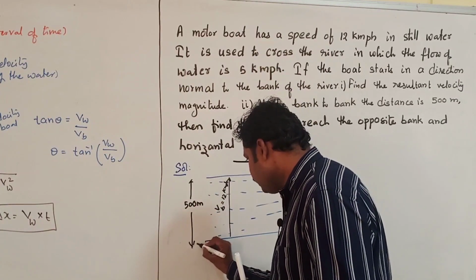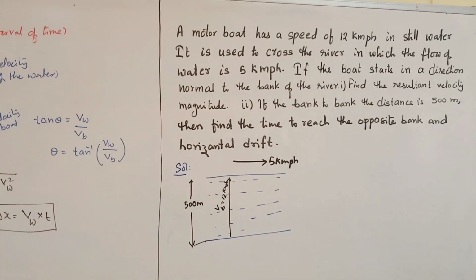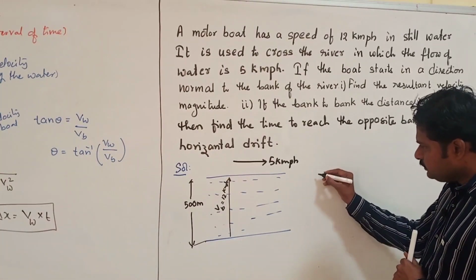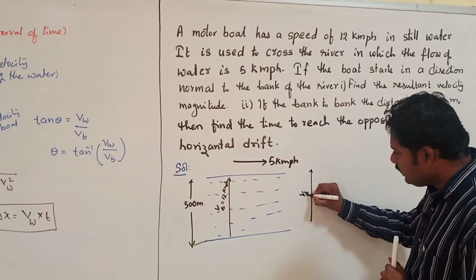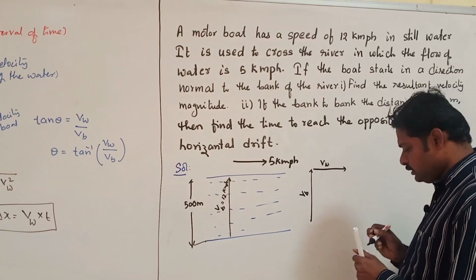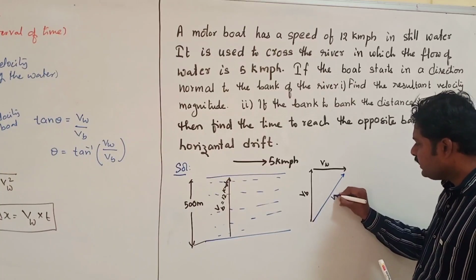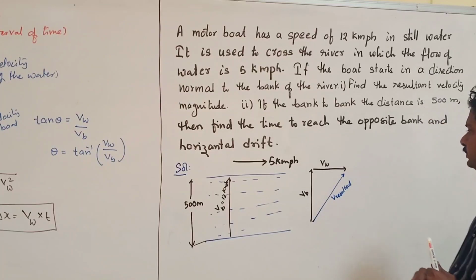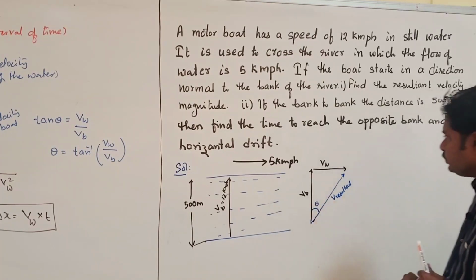In a problem, if everything is to be in meters per second or kilometers per hour, we can convert it. First, this is the velocity of the boat direction. This is the velocity of water. Now this is the resultant velocity of the boat, right? This is the direction, the angle of the boat.